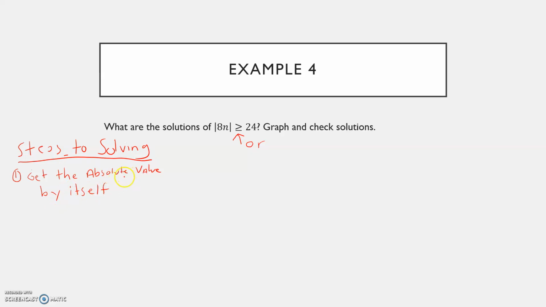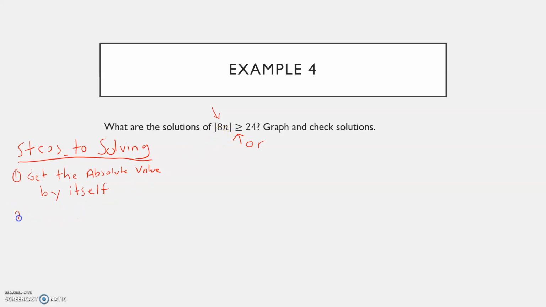So before we can start solving this, before we can start getting the value of n, the absolute value, these two lines that are right here, has to be by itself. In this case, it already is. There's nothing outside of it. If there was, we need to get rid of it first. But first step is get the absolute value by itself. In this case, it already is.